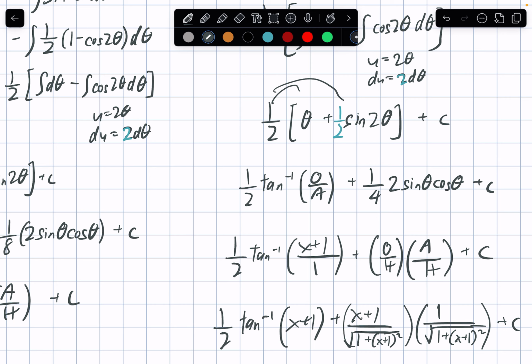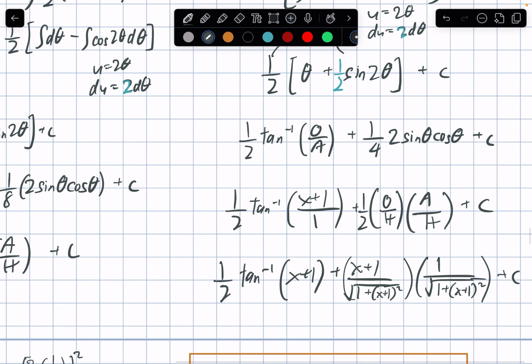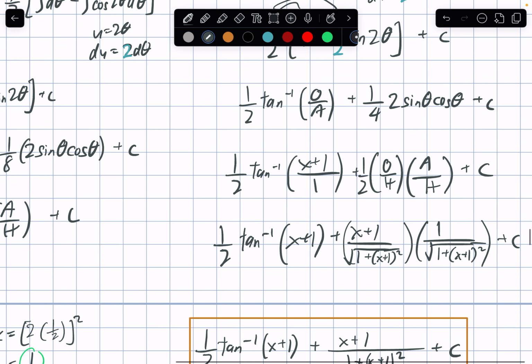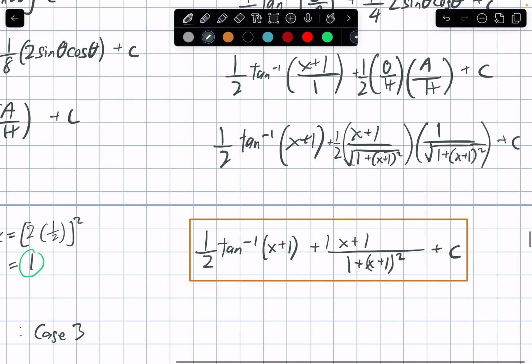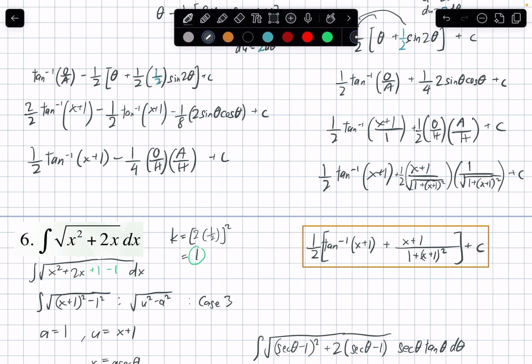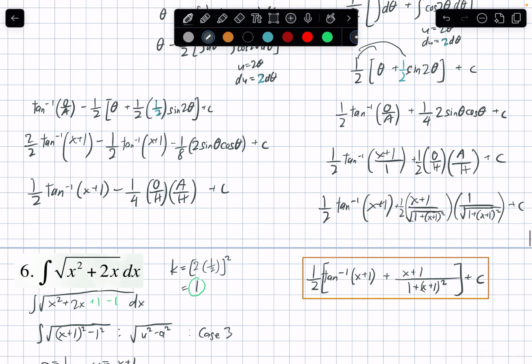And when you cancel, you have 1/2. Or if you don't distribute, you can just write the answer like that. Yeah, that would work.